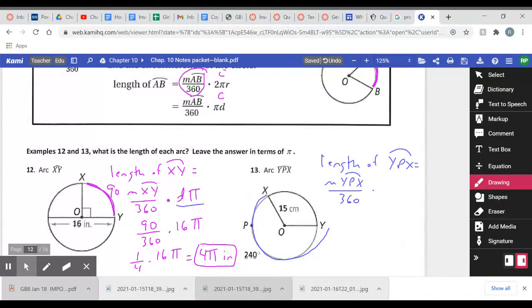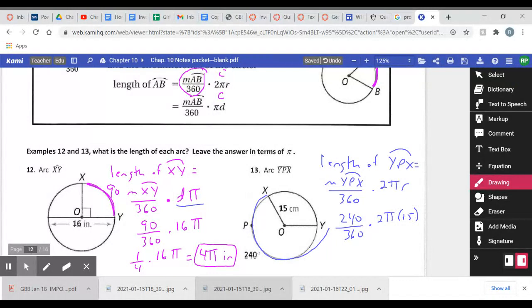So like I said, over here we use diameter times pi. You can also use 2 times pi times r. I'm showing you either way it works. They mean the same thing. So YPX is 240 degrees over 360 times 2 times pi times the radius we can see is 15.